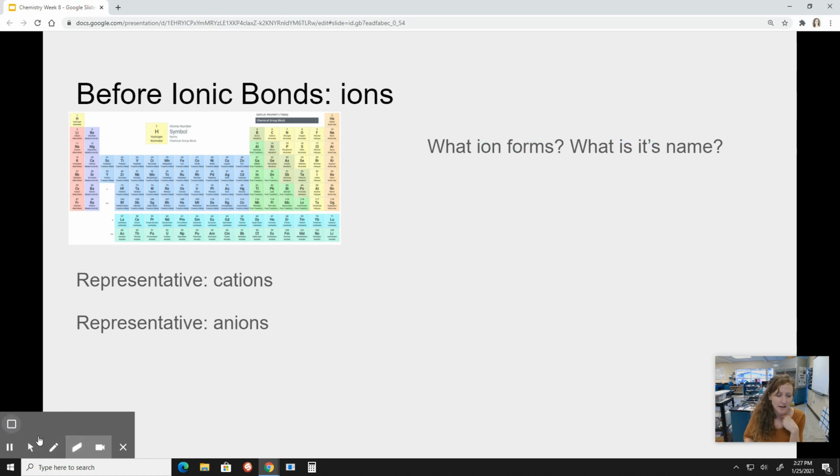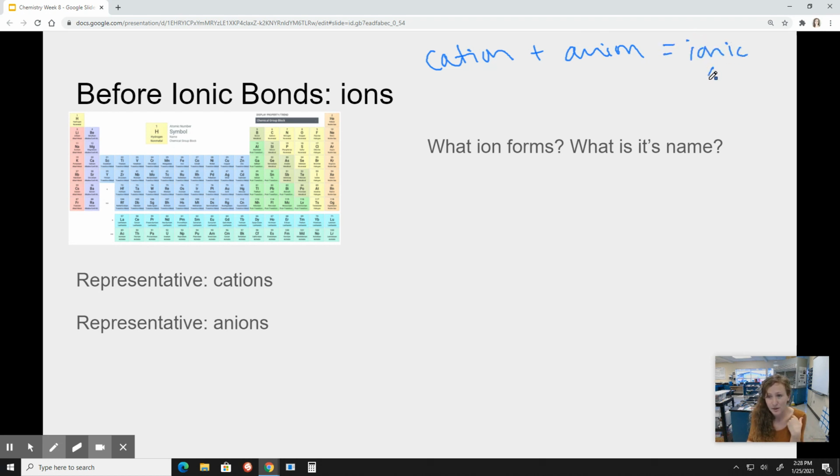When you name an ionic compound, you're going to give the cation name plus the anion name, and those two things together equal the name of the ionic compound. So it's a pretty simple system as long as you know how to name ions. So that's what we're going to talk about today.